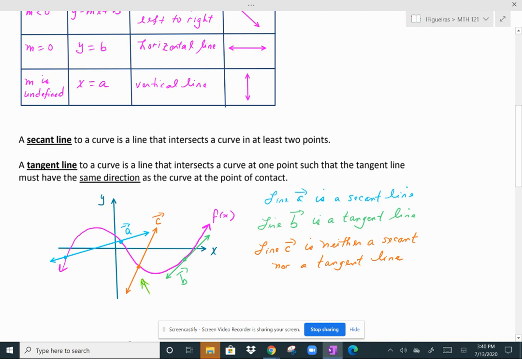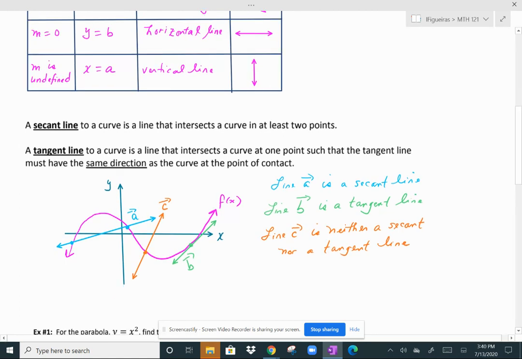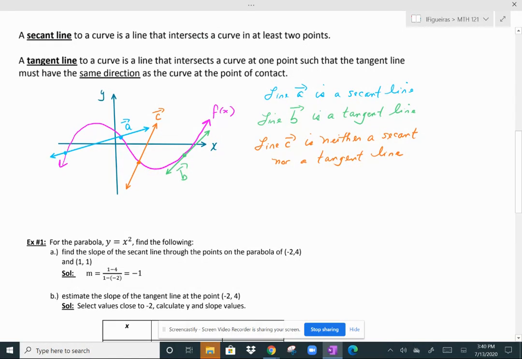But at that point, your graph of f of x is going downward from left to right, but your line is going upward. So therefore, the line, although it only intersects it at a single point, doesn't go in the same direction as f of x. So it doesn't satisfy either the secant line nor the tangent line definition.